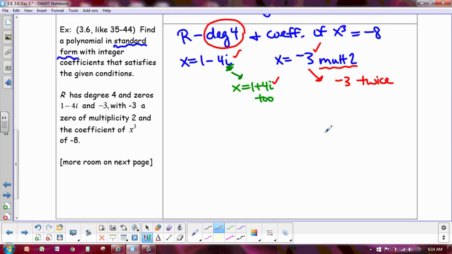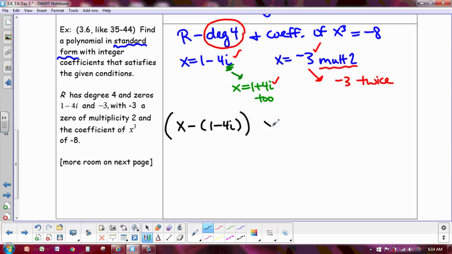Okay, let's turn all of these into factors. I think I misspoke. If x equals 1 minus 4i is a 0, then x minus the quantity 1 minus 4i, so big parentheses, that's a factor.